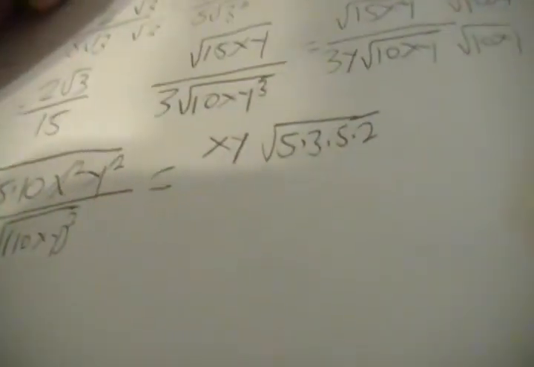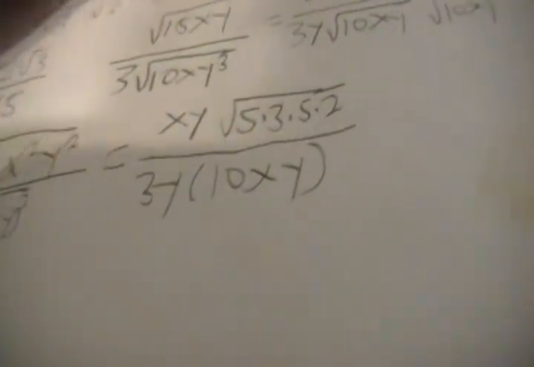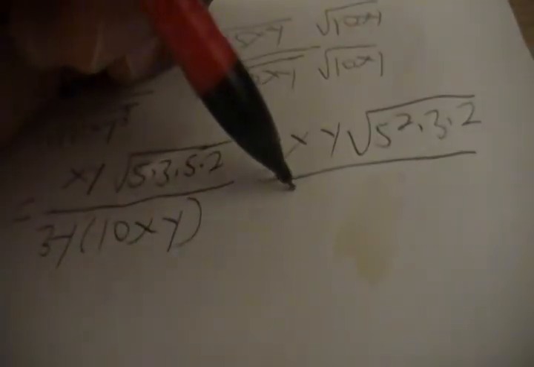Now 15 and 10, so the factors of 15 are 5 and 3, 10 is going to be 5 and 2. Over, now here we get 3y times 10xy.